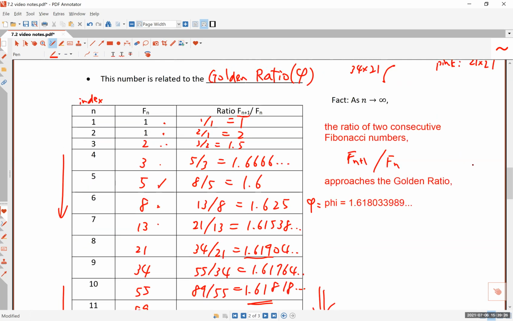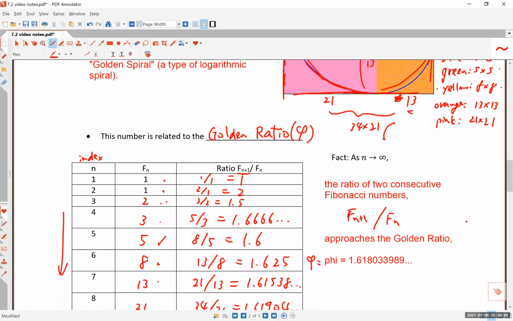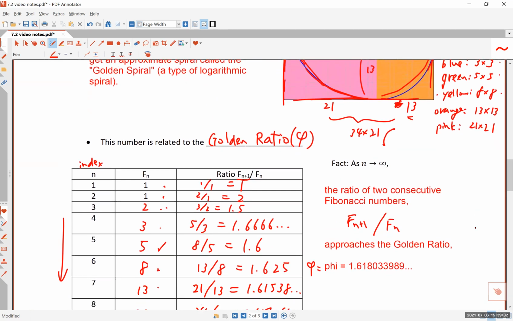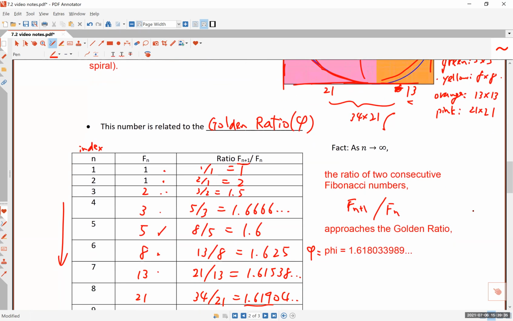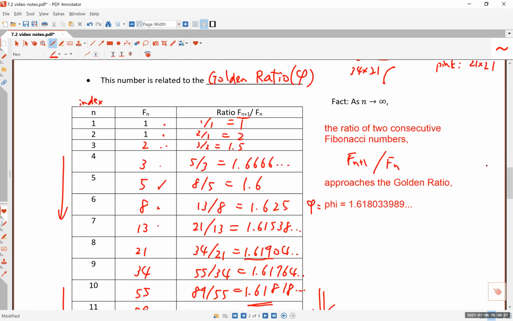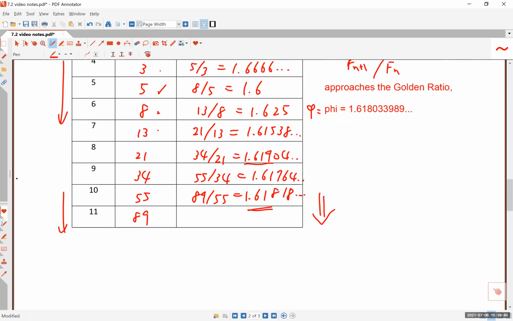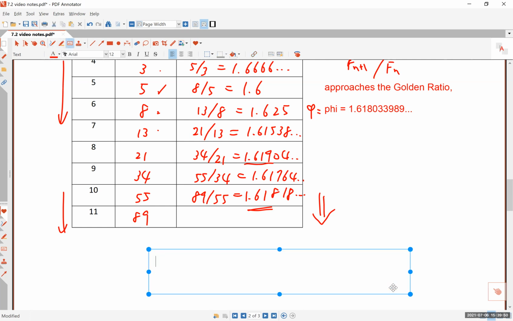So let's say this again. How is the golden ratio related to the Fibonacci sequence? The answer: as n goes to infinity, the ratio of two consecutive Fibonacci numbers approaches the golden ratio. Approaches means it gets closer and closer to the limit of the number phi. So this suggests the important lesson here.